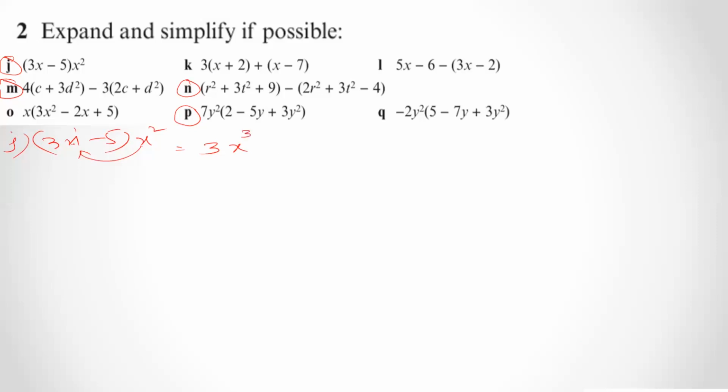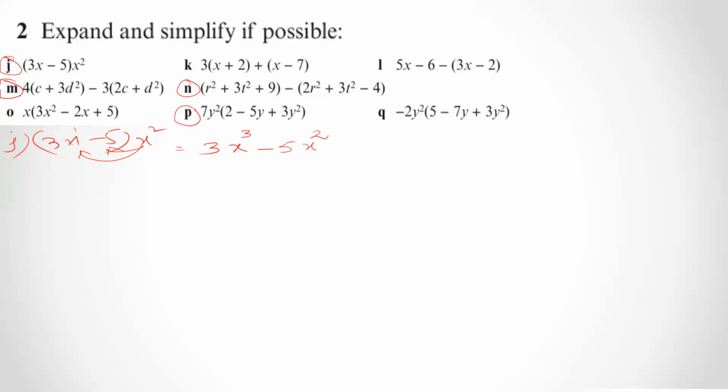So 3x power 3, then x will multiply with negative 5, so it will be negative 5x square only. So that was the answer. It's so simple. I hope you can do this question K, I, you and other questions on your own.